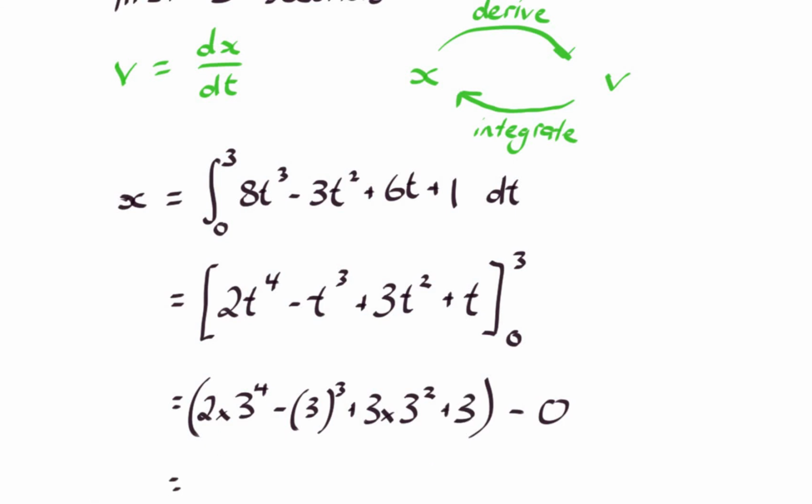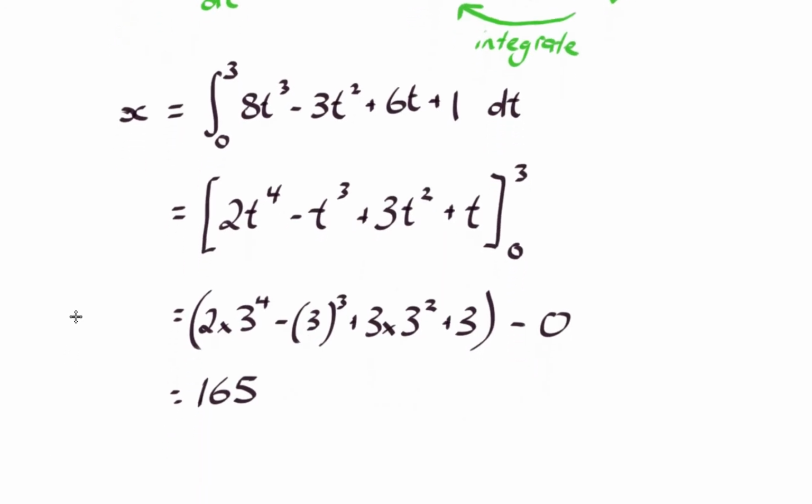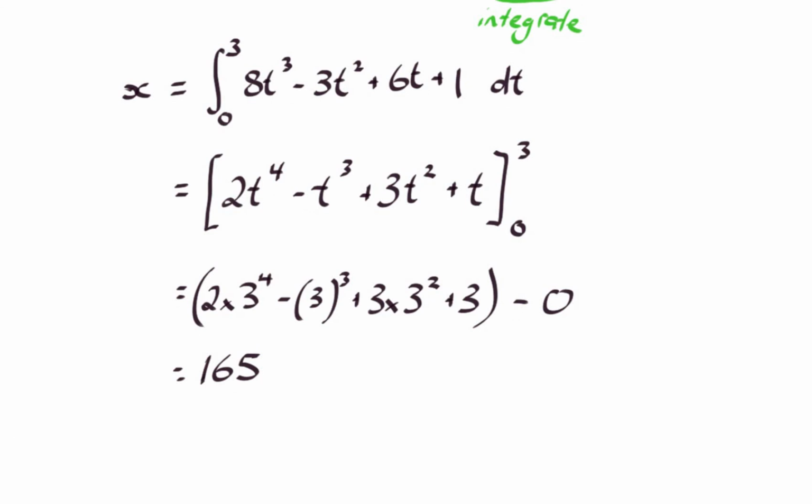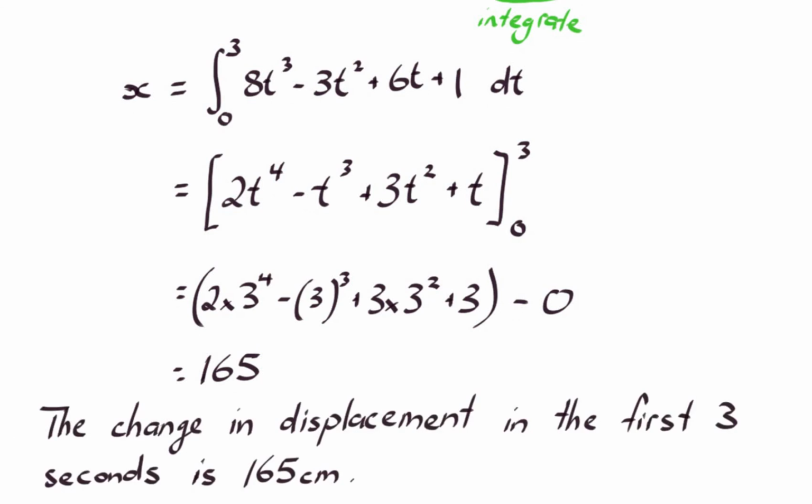Calculating all of this, we get 165. So in terms of the question at hand, what this means is the change in displacement in the first 3 seconds is 165 centimeters. And that finishes off all our examples. Good job.